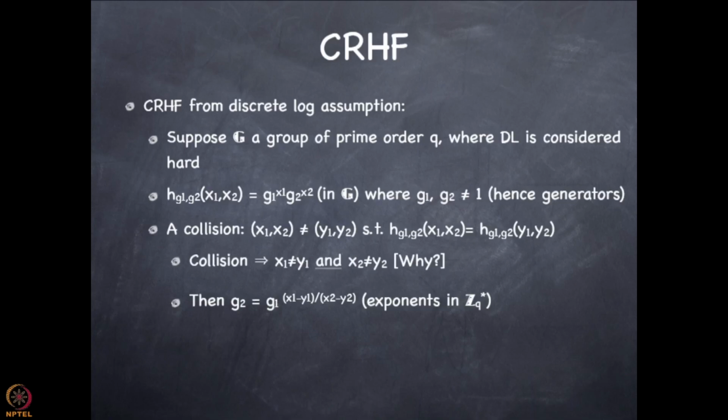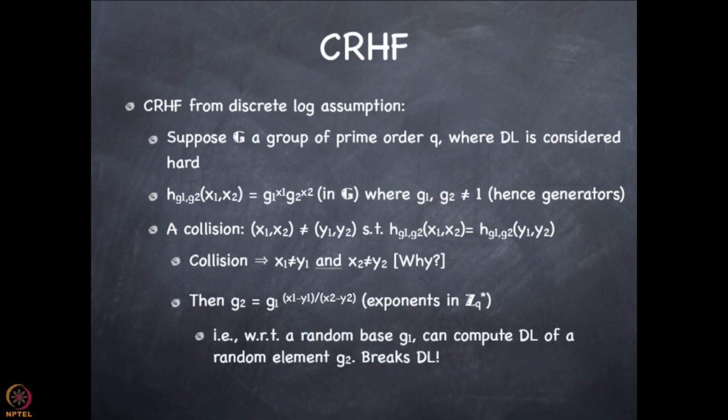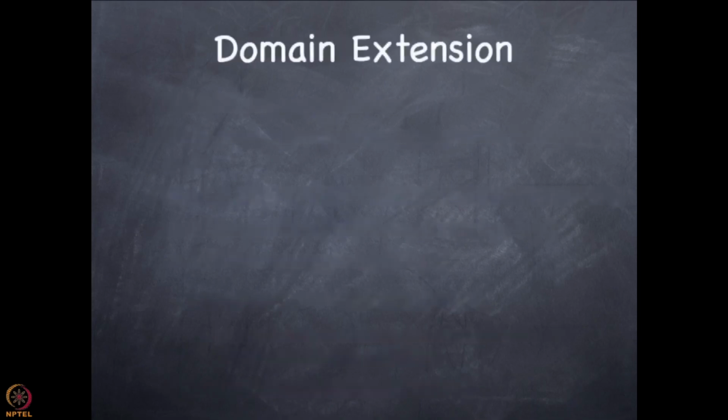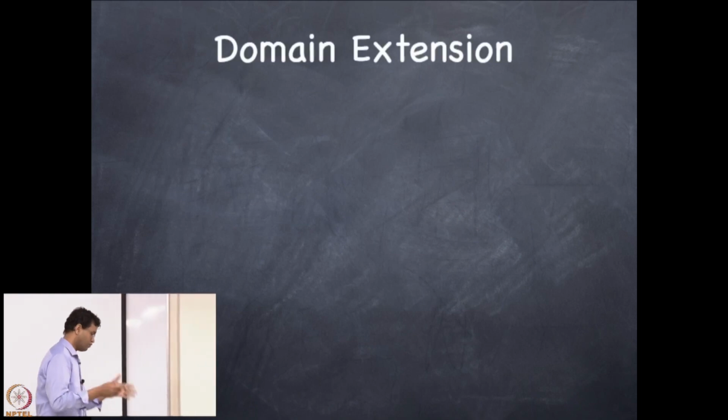So if there were an adversary who could do that with significant probability, then they would be breaking the discrete log assumption. So that's why this is a secure hash function under the discrete log assumption. And this is a nice hash function. It took two group elements or two blocks and gave me one block output. Right? It reduces the size by half. Okay, so that's one.